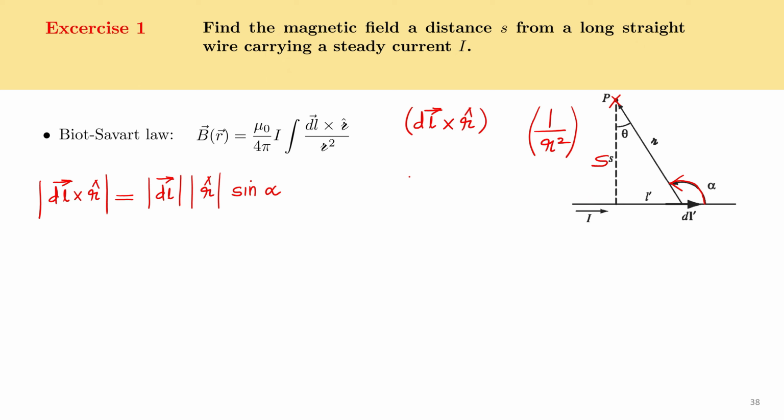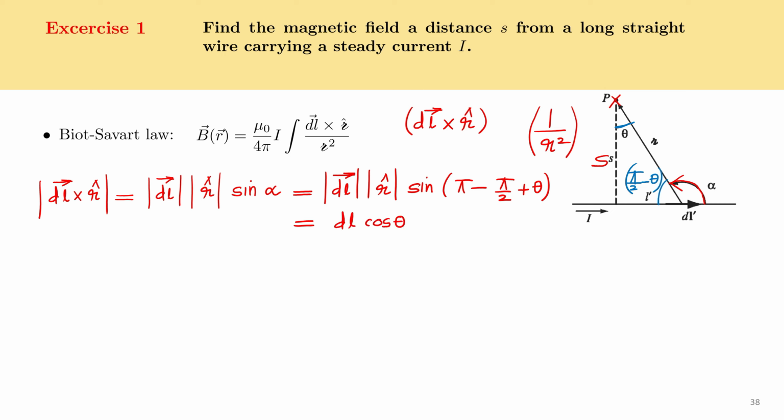Now, when we inspect this figure, this angle is theta and this angle will be 90 minus theta. Therefore, this equation is modulus of dl, modulus of script r, sine of pi minus pi by 2 plus theta. So that is equal to dl cos theta. Now in this equation dl is unknown. We want to find out dl.